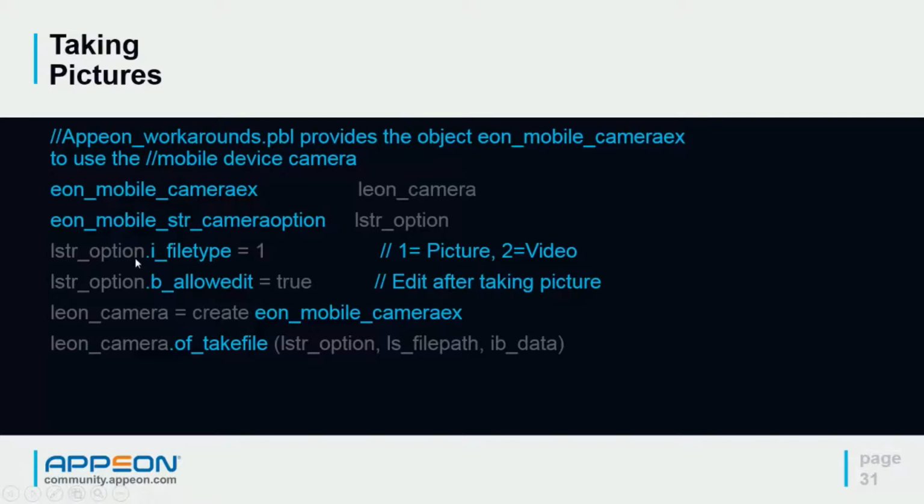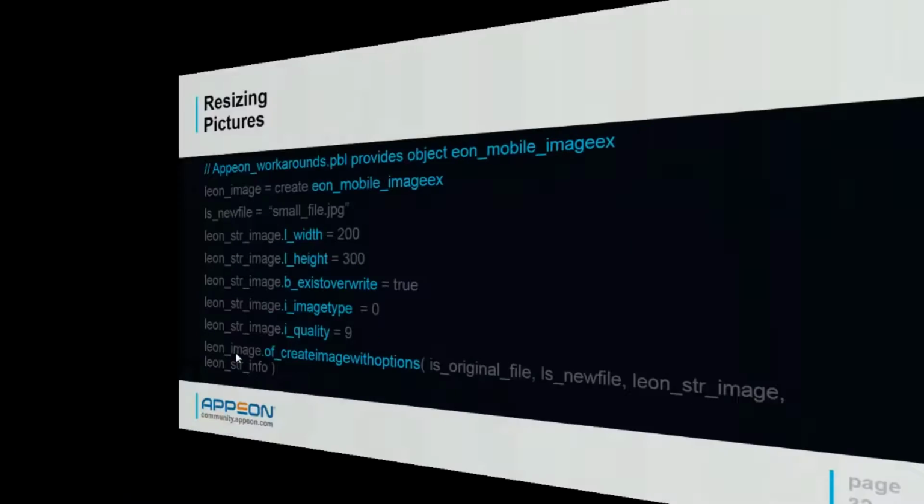First of all, the file type: one if it's a picture and two if it's a video, and allow edit equals true if you want to edit the image after taking it. Then you create the instance of the object. After that, you just take the file and that's it. Your picture is taken and it's stored on your mobile device.